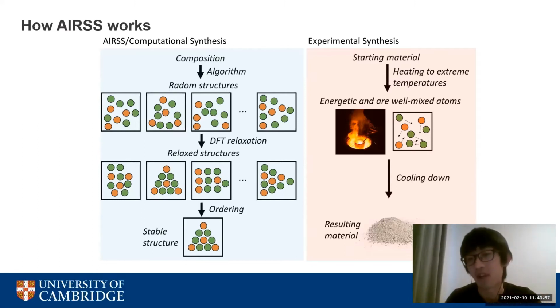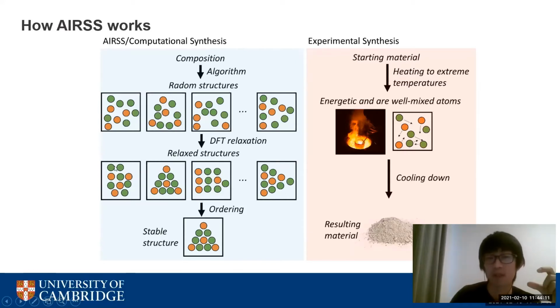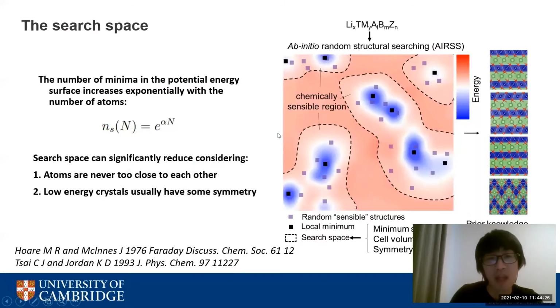So in the experiment, following that, we just cool down the material, and at room temperature we get this resulting material, one resulting material. In comparison, in the computational AIRSS search, we get a number of different structures, and we can rank them from low to high. The structures we're interested in are the structures with low energy, and some of them are those with energy a little bit higher compared with the most stable one.